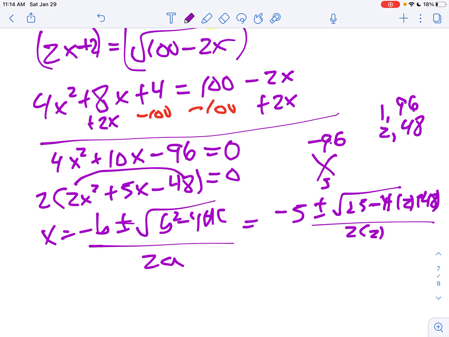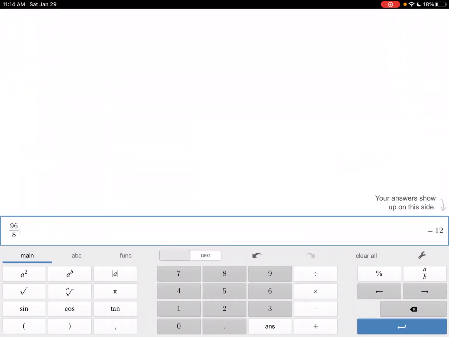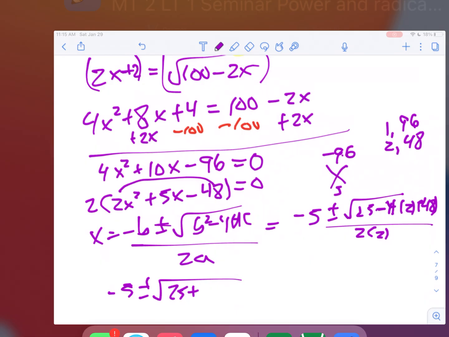So I get negative 5 plus or minus, I'll go 25 plus. Let's take 4 times 2, which is 8. 8 times 48 gives us 384.